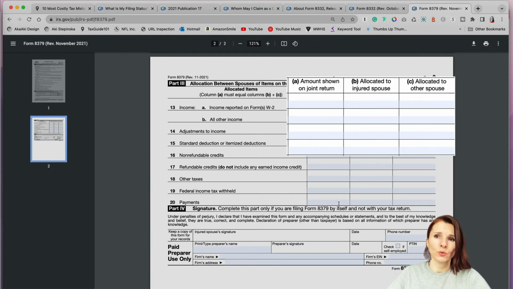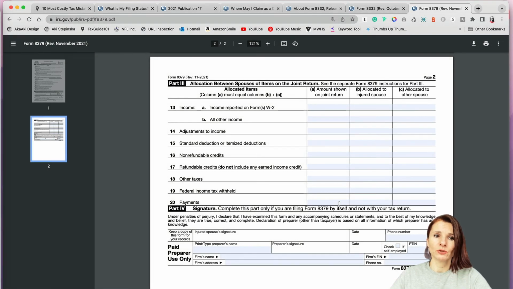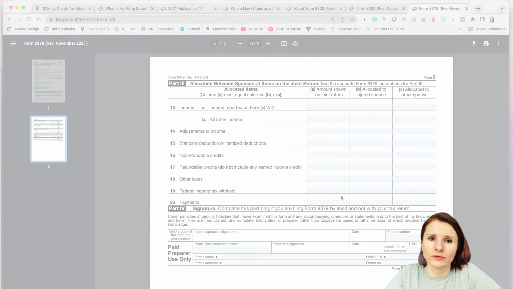And the person who doesn't owe the debt should be able to receive that part of the refund. Now, this only works with refunds, not with tax liabilities. So you want to be aware of that.